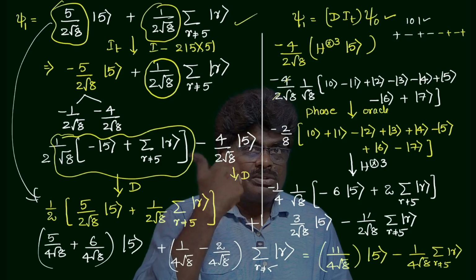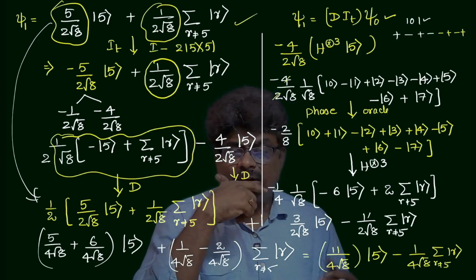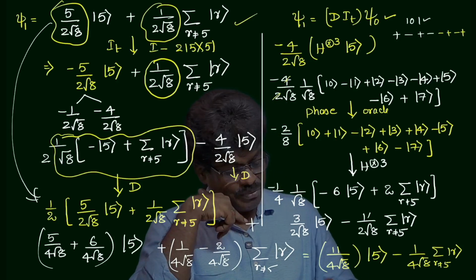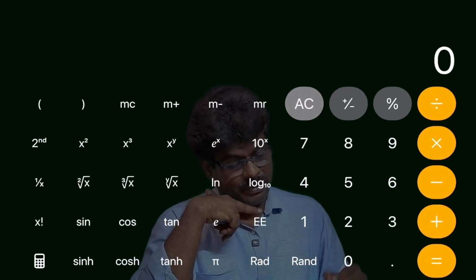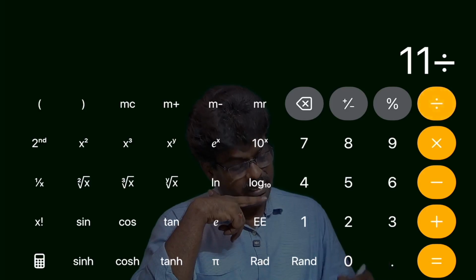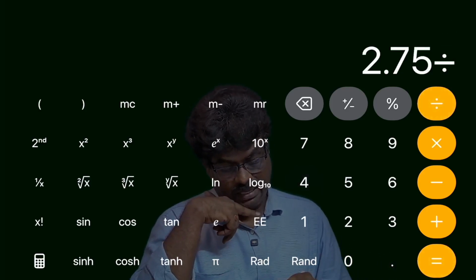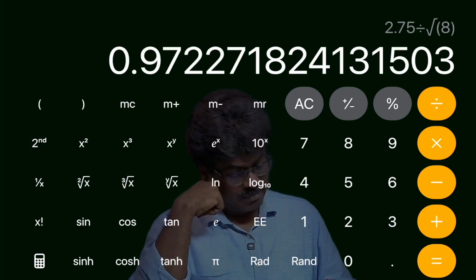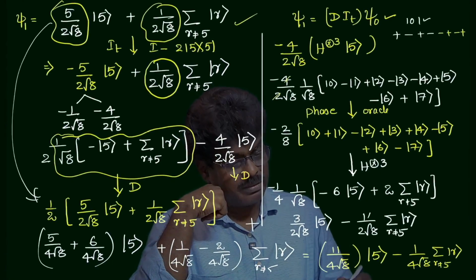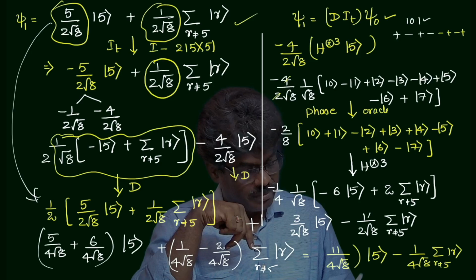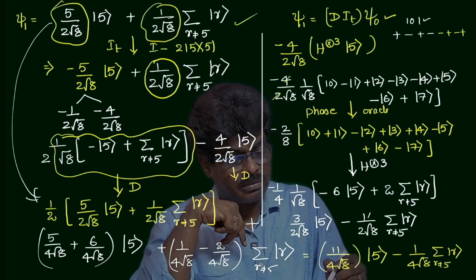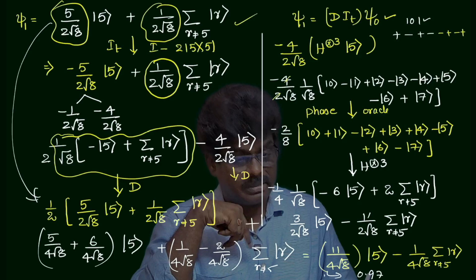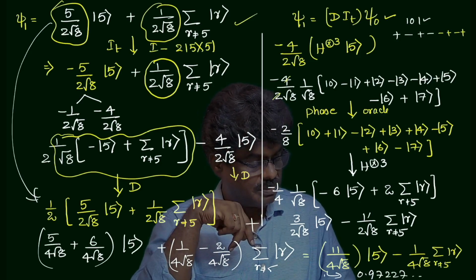Okay. So now if you want to check whether this is right or wrong, let me check first with the calculator. 11 by 4 root 8. 0.97227 something.